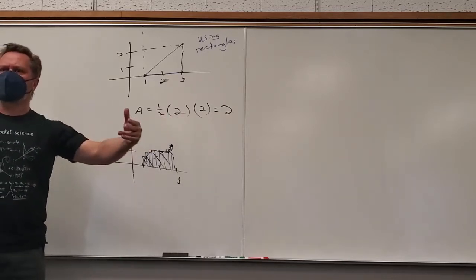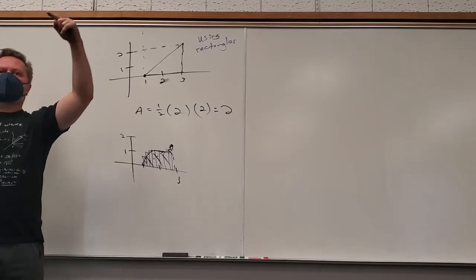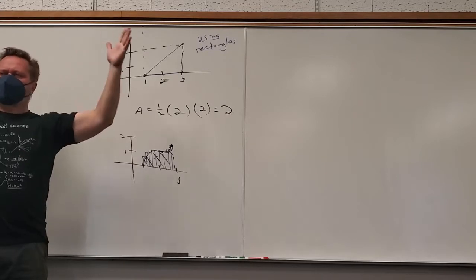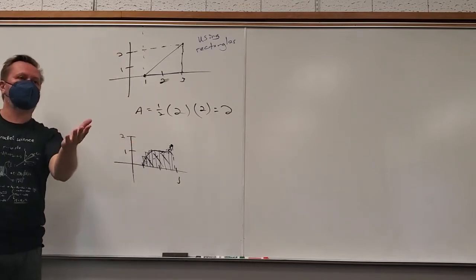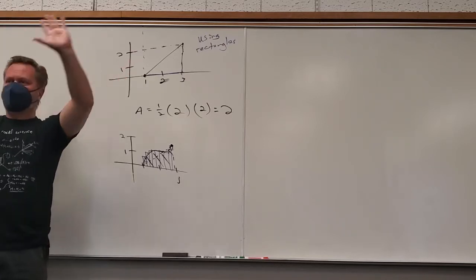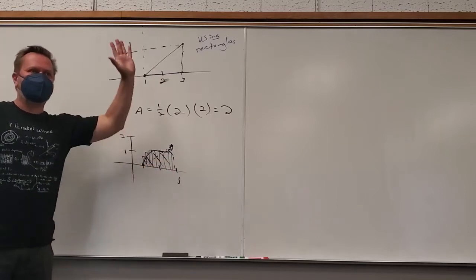How would I make it better? Add more rectangles. And that's the same thing as increasing the resolution. Yes? So I might say that phrase sometimes, and I want you guys to know what I mean. It's sort of like, how do you increase the resolution in your monitor? You get a monitor that has more pixels, right? Which is basically the analog to rectangles in this case.